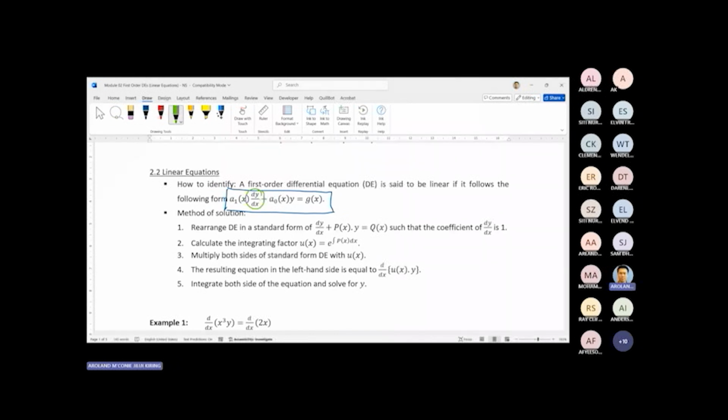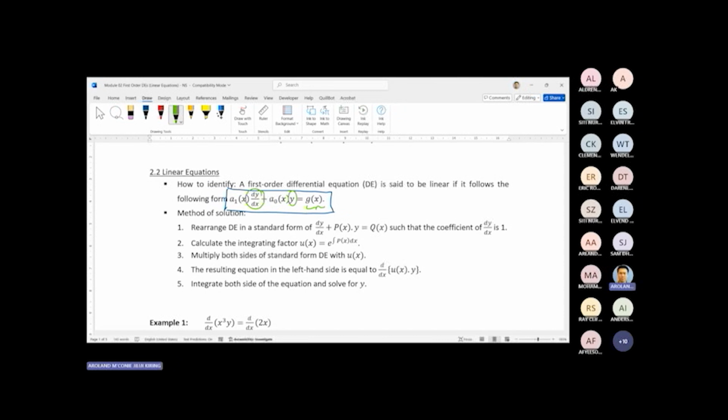You have dy over dx, and then you have a function y, and then you have some function g(x). g(x) can take whatever type of function. So once you have this form, you can say that your question is a first order differential equation, which is in linear form. Therefore, you can apply the next steps.